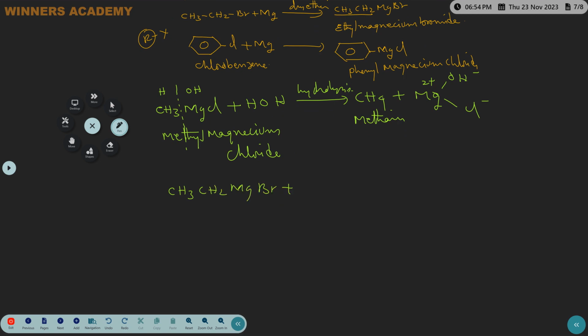Another reaction, suppose compound is like this: CH3CH2MgBr plus D2O. D2O means deuterium oxide, heavy water, like H2O. D is heavy isotope of hydrogen. Deuterium oxide or heavy water. What happens?